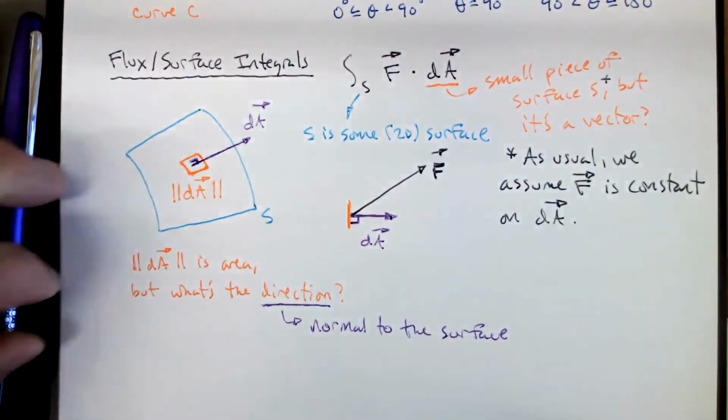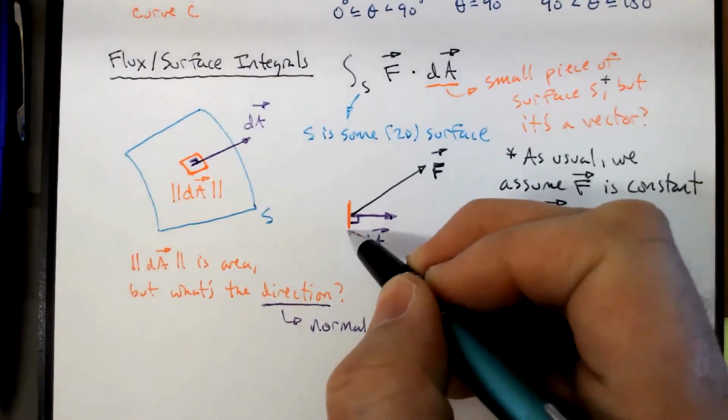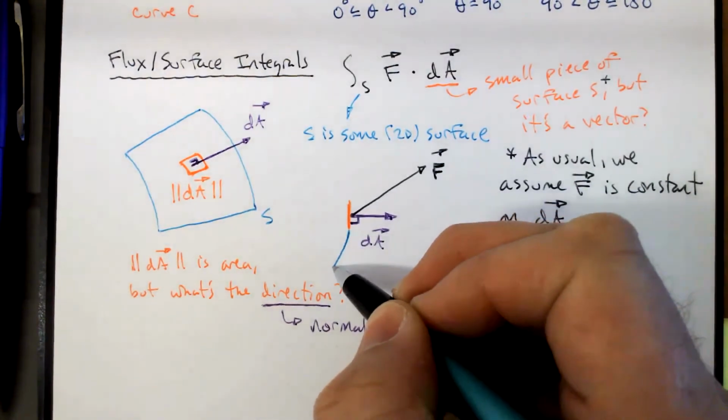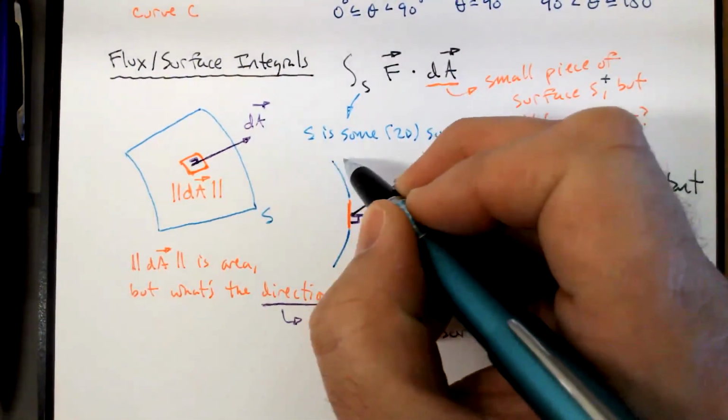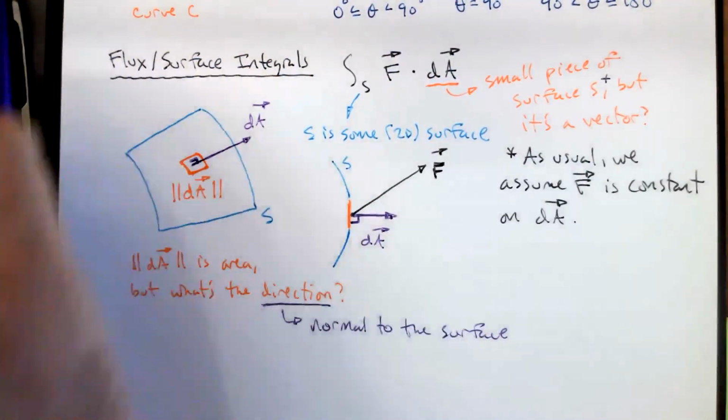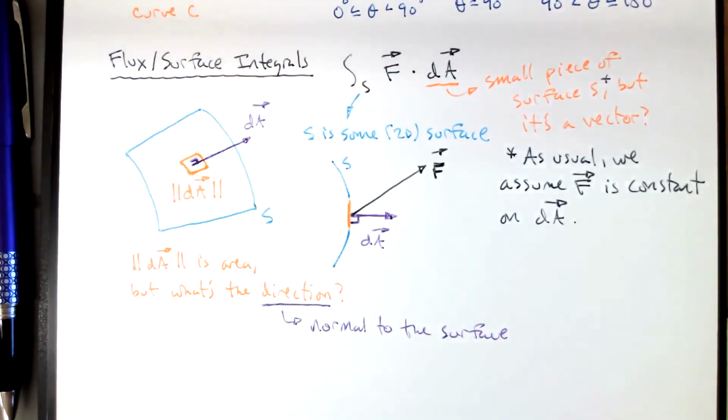And this is some piece of the surface that we're assuming is flat. And we're also assuming that the vector field is constant for that small square. So this is a side view of F flowing through the surface. That's going to be the thinking for our flux integral.